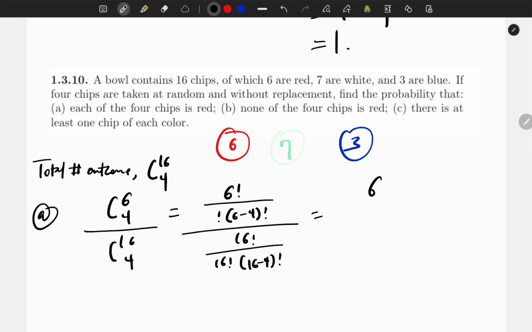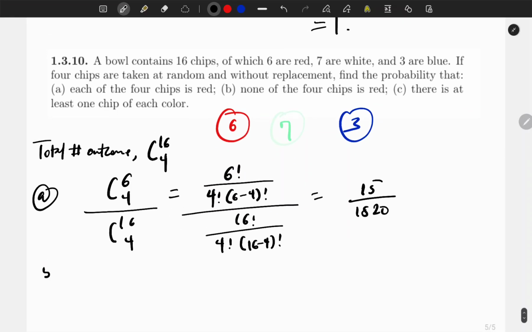So if you use your calculator, your numerator should be 15, then over 1820. So you can approximate that.